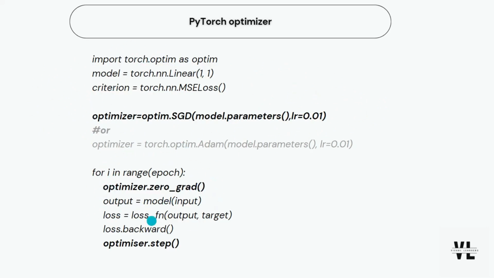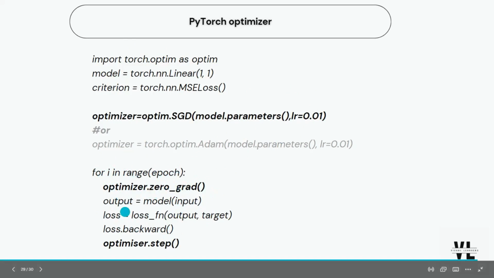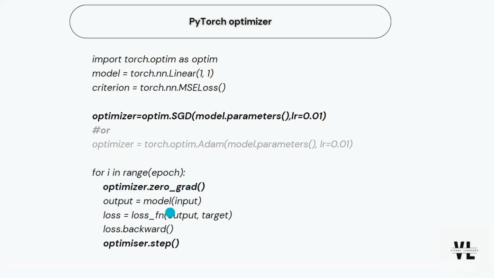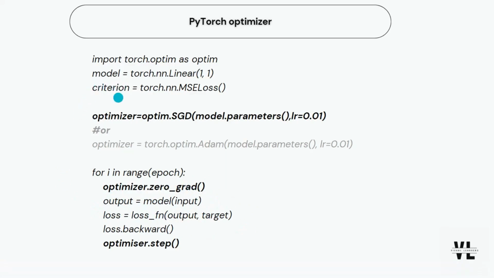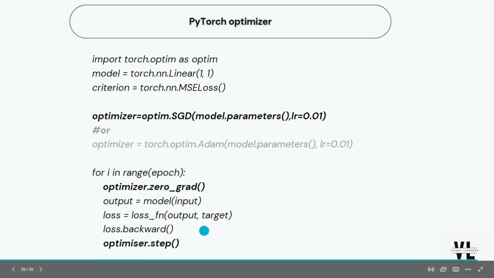Then when you start training the model, you need to define a loop, and inside the training loop you need to zero out the gradients first. Then you get the output from the model. This is the forward pass. Then you compute the loss using the loss function defined here. Then you compute the gradients using the loss.backward method.